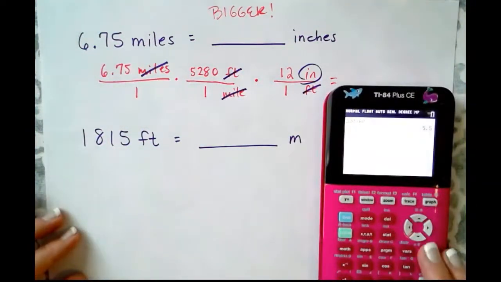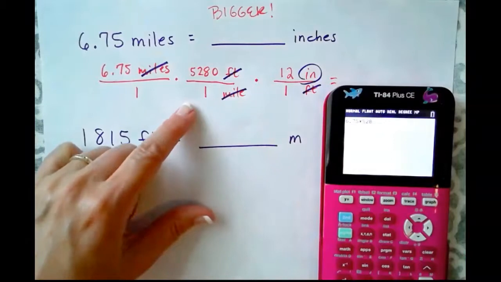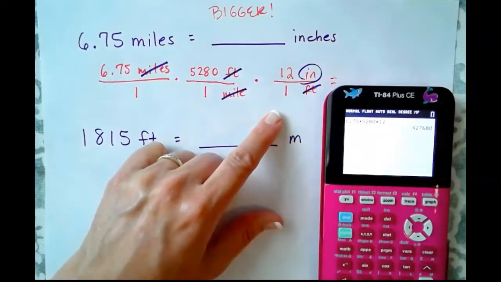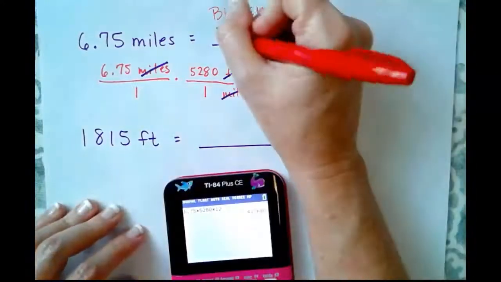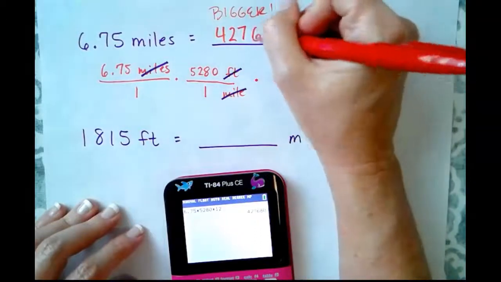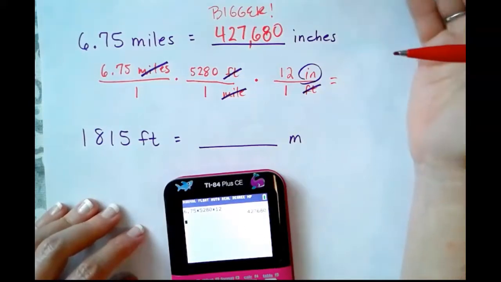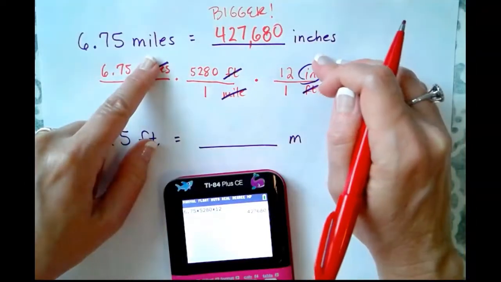Bring in the calculator because this is going to be a larger number. 6.75 times 5,280 times 12. That gives us 427,680 inches. And that makes sense because miles are much, much, much bigger than inches.